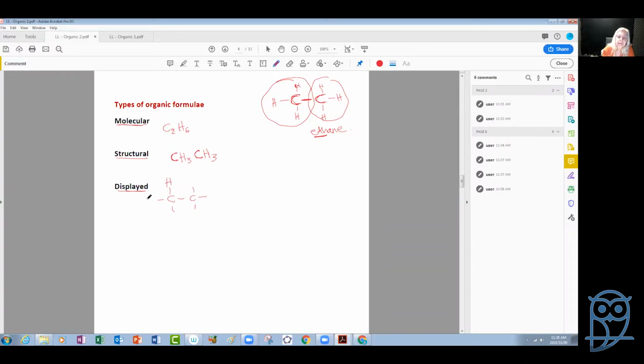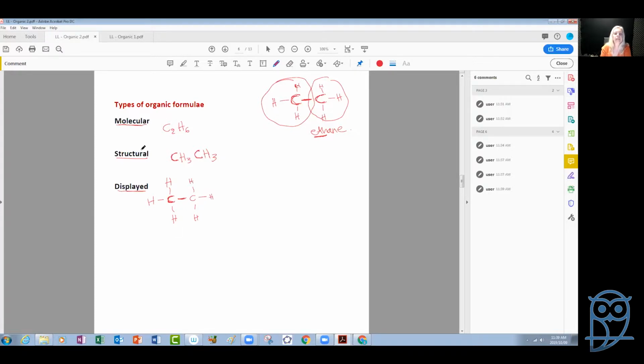It's a pain really to draw it, especially if it's a long hydrocarbon chain, but it pays, especially if we are beginners and we want to understand what's going on and where things are. It's the best formula to help us. It's also the best formula to help us name the various compounds, and especially the more complex they are, the easier it will be to draw the displayed formula to know where things are and number the carbons and so on.